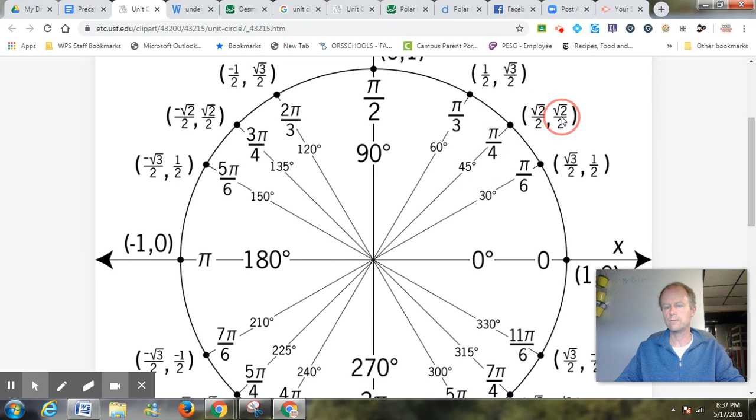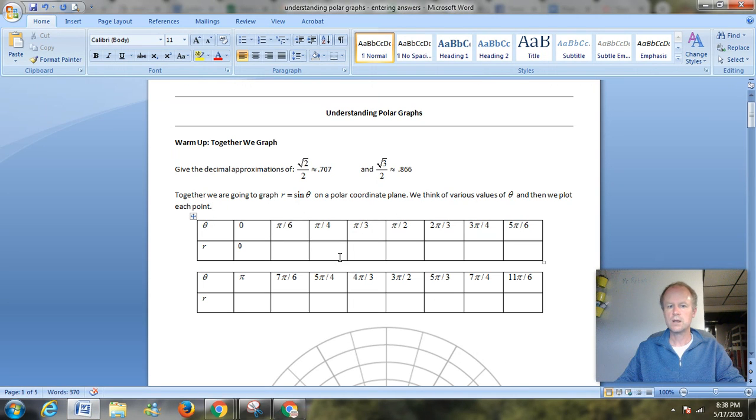The sine of pi over 4 is square root of 2 over 2, which is 0.707. So I'm going to fill some of these in as we work through this. The first one was 0.5, the next one was 0.707, and this is why we did these up here, so we can just quickly type in those decimals. So the sine of pi over 3 is square root of 3 over 2, which is 0.866 approximately.